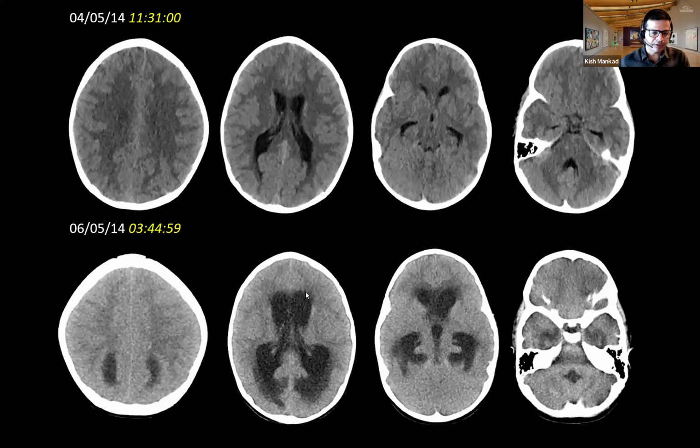Because remember, the ventricular lining is intact. It doesn't have holes that you fill it up with water and it starts oozing CSF out. So it is interstitial edema that you get in this tissue.